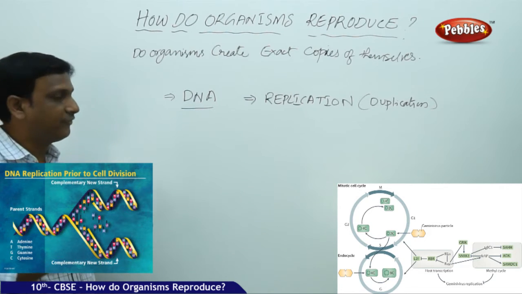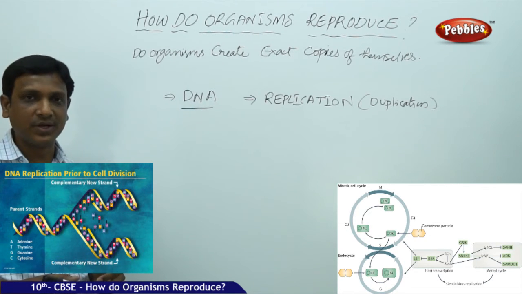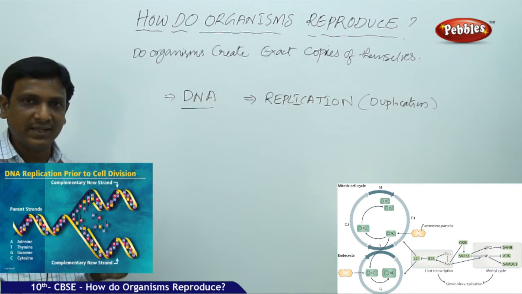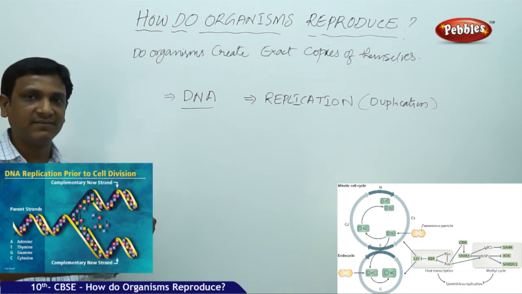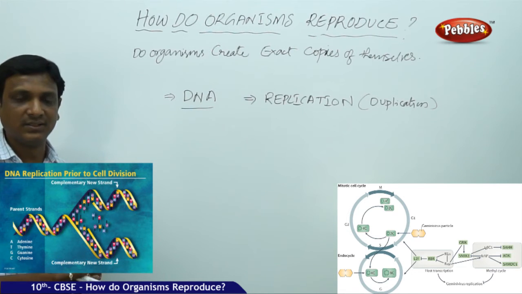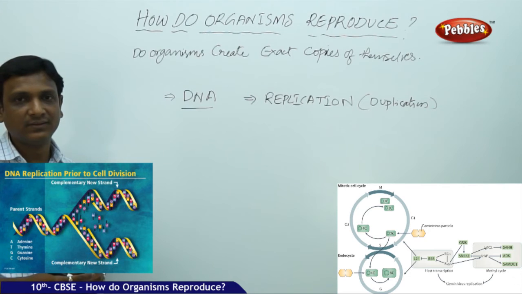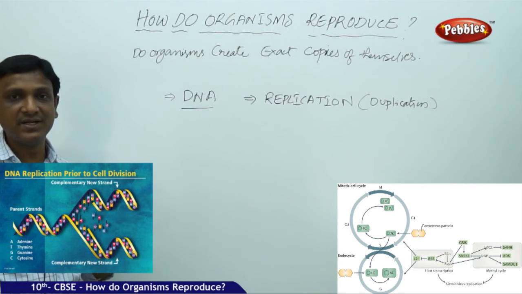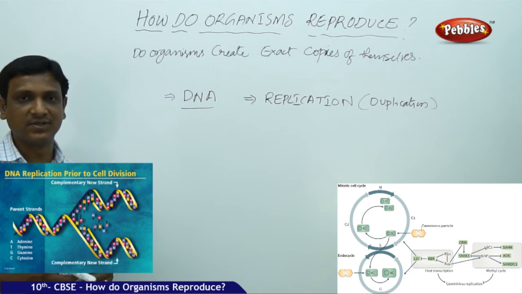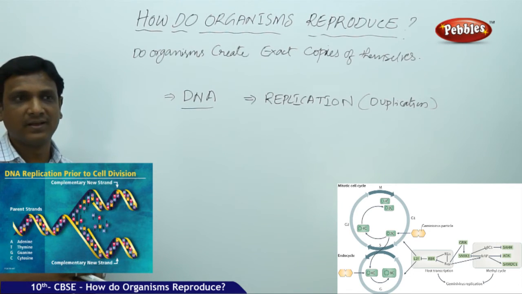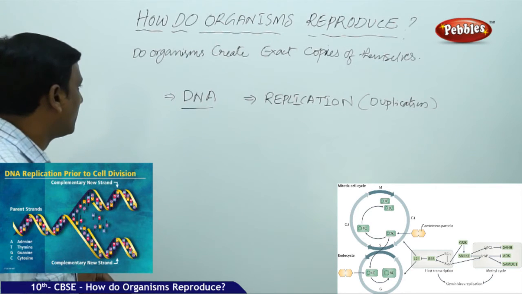While copying this DNA in the process of reproduction, in the process of producing young ones, there will be some variation, some changes. The copies of DNA are not made exactly similar. That brings the variations, the changes in the organisms of the same kind, but some little variations. Let us see how it happens.